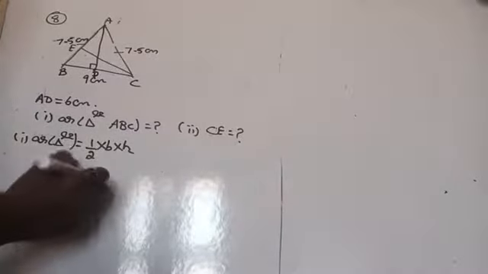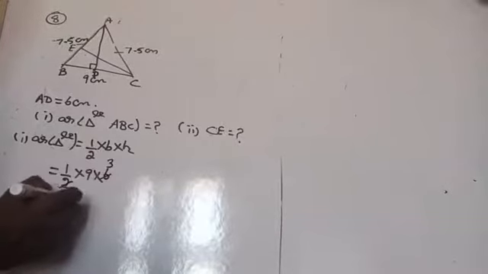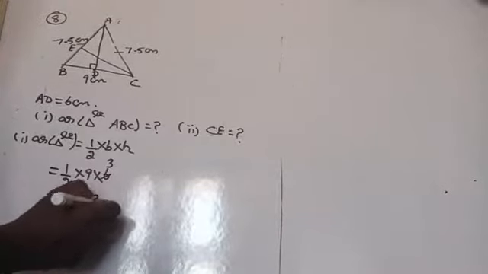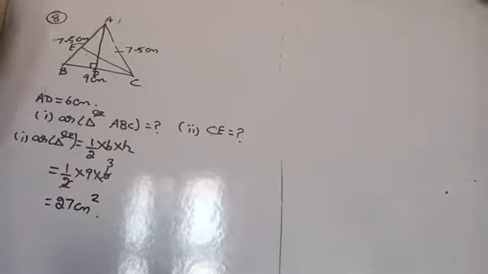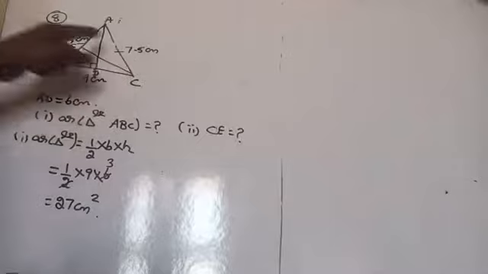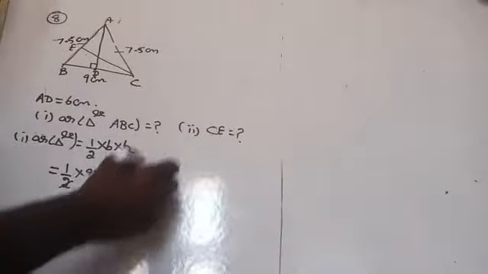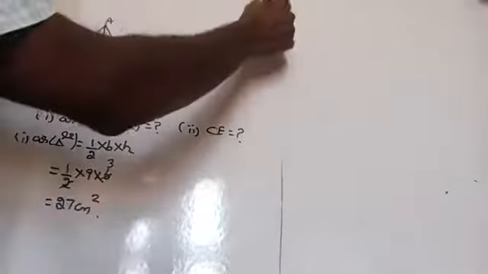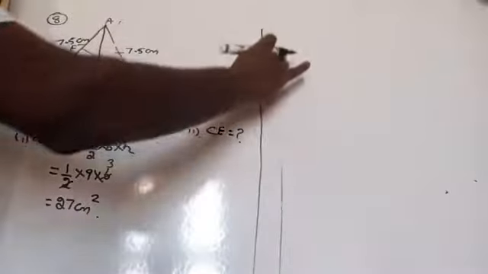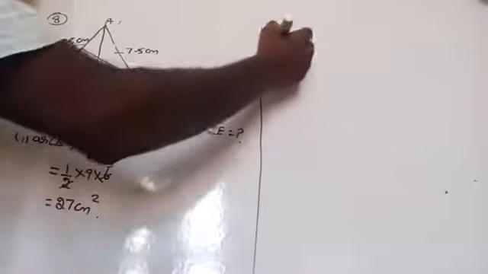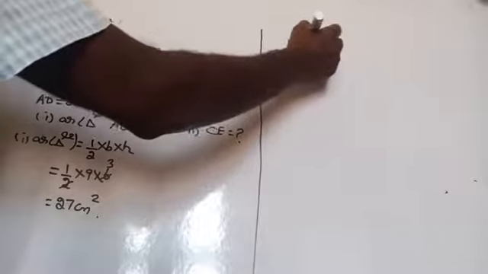So 1 2 is 2, 3 2s are 6, 9 3s are 27 centimeter square. Then again you have to find which one? CE. Then again write down area of a triangle. Area of a triangle we already found, that is 27 centimeter square.